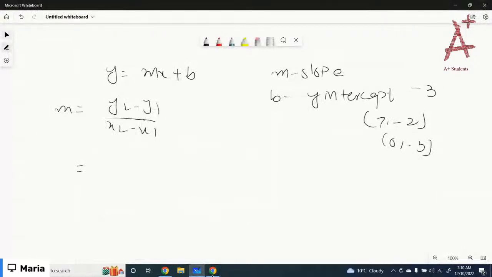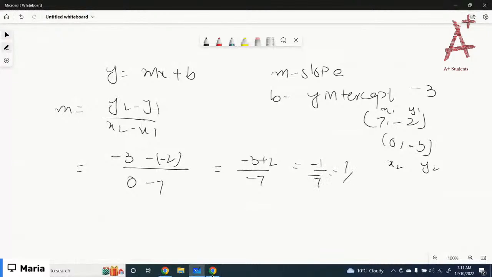Okay, just use these 2 points. This is x1, y1, this is x2, y2. y2 minus y1, negative 3 minus negative 2, and 0 minus 7. It would be negative 3 plus 2 over negative 7, negative 1 over negative 7, that would be 1 over 7.